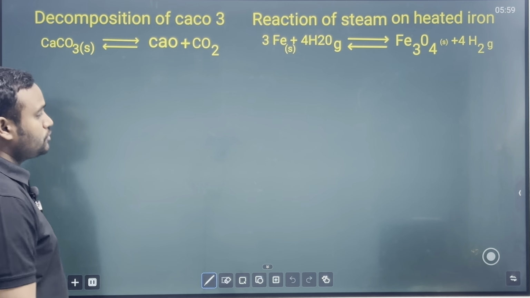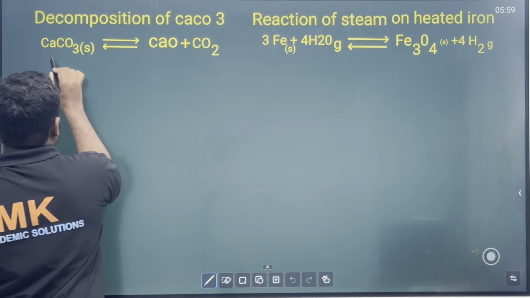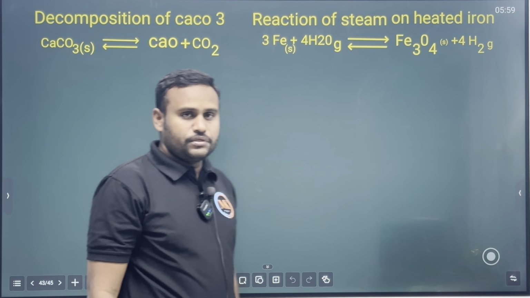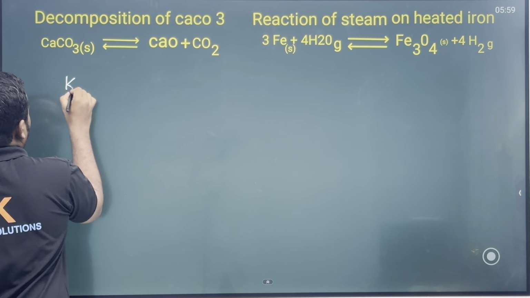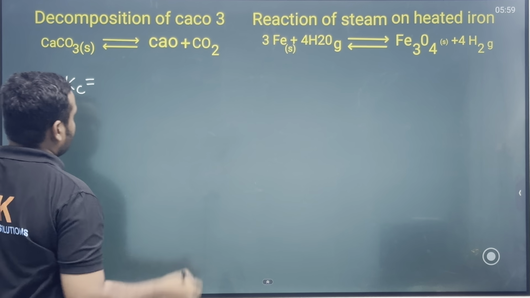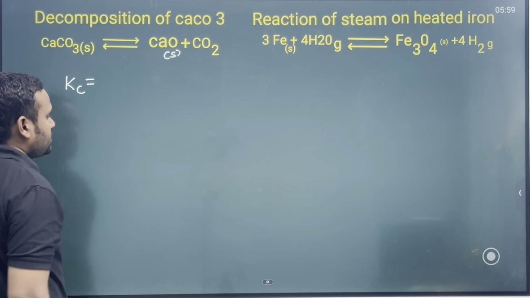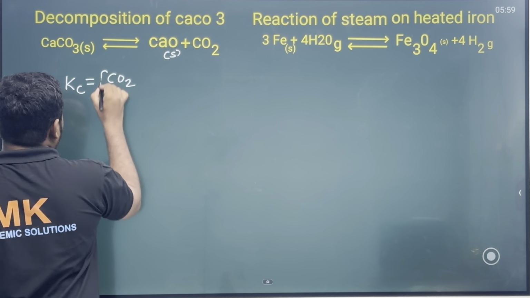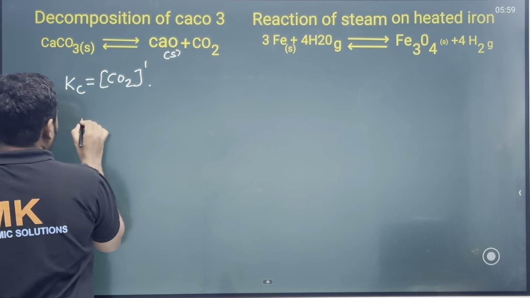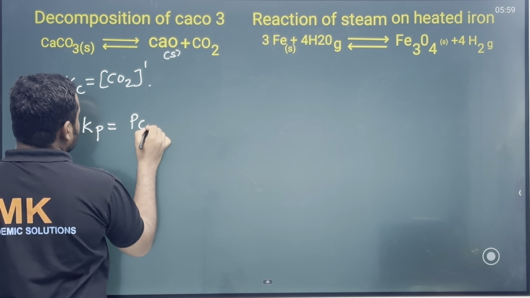Decomposition of calcium carbonate is also an example of a heterogeneous system. For this, how do we write the Kc? Calcium oxide is also present in the solid state, so only CO2. Kc is equal to CO2 to the power 1, and Kp is equal to the partial pressure of CO2.